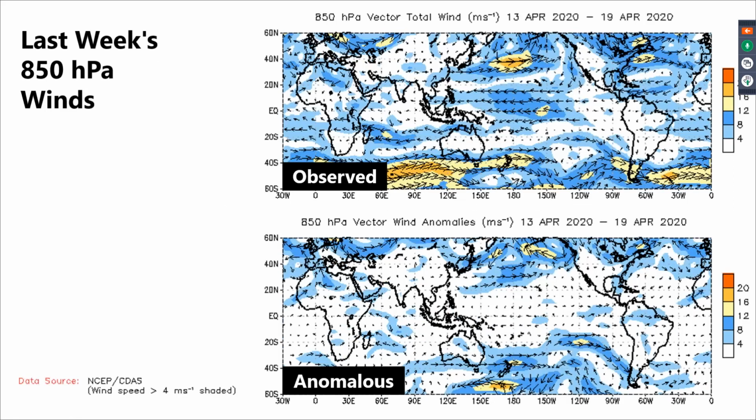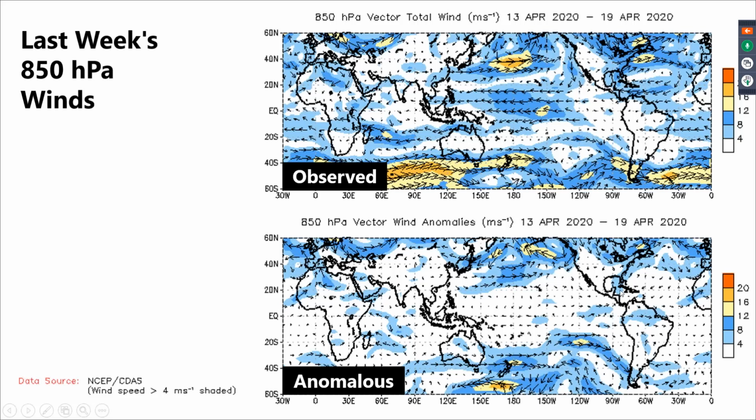So 850 winds. What we can see in 850 in the Caribbean during the last week, we can see that we have this enhanced southwesterly flow into the Bahamas, and the Bahamas have had several rounds of fronts and some isolated convection with this southwesterly transport.